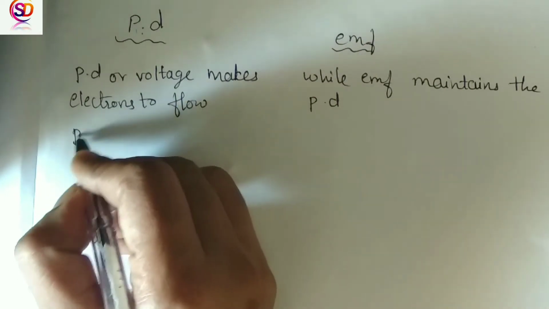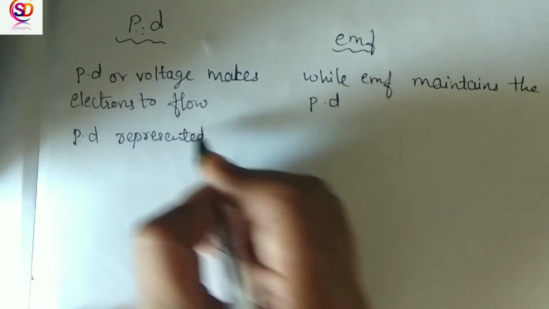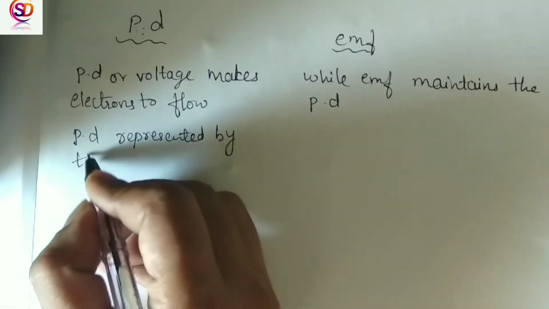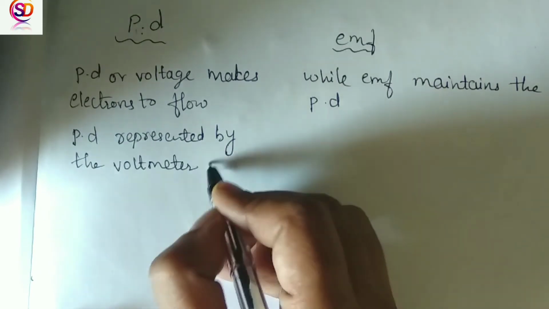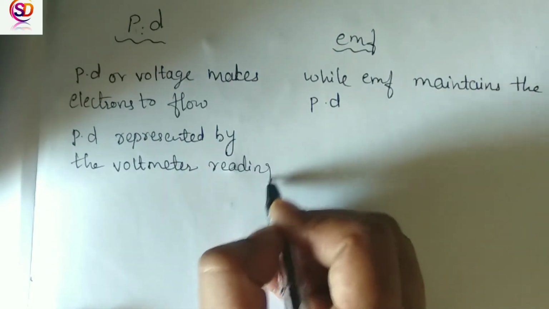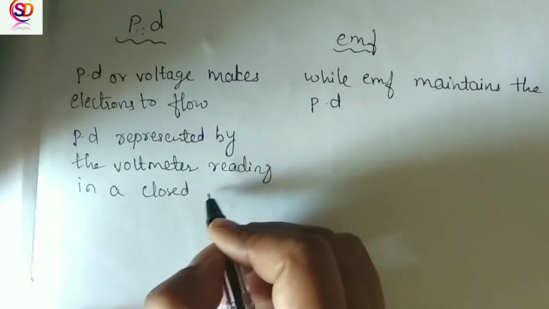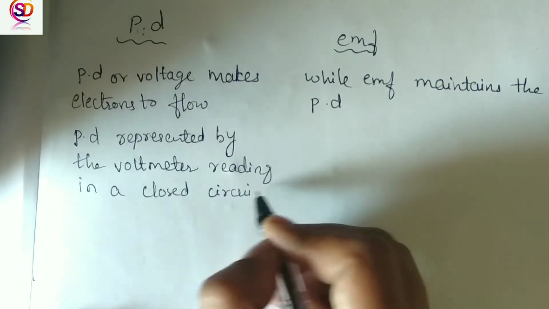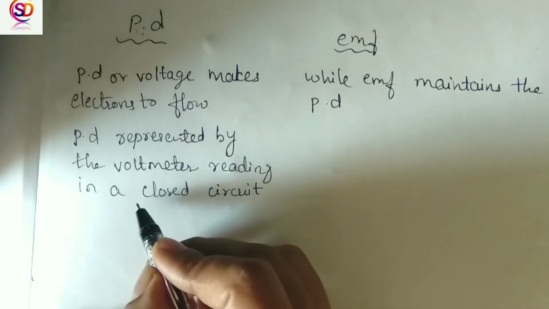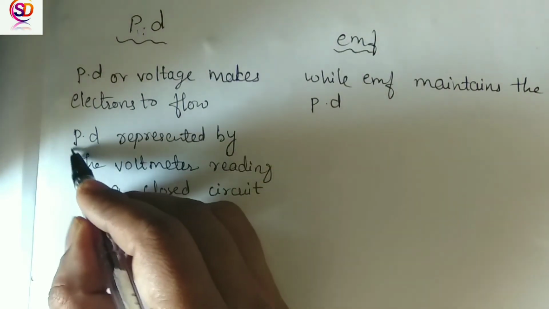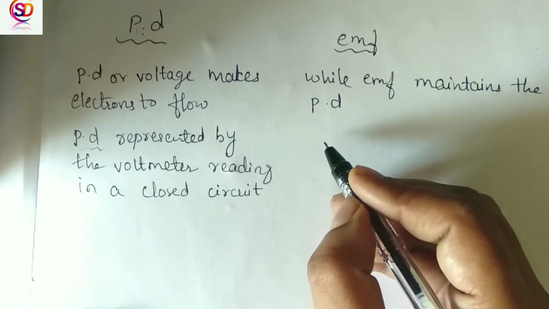In other words, PD is represented by the voltmeter reading in a closed circuit. If the circuit is working, meaning the key is closed, then only can we measure PD across any resistor or any terminals.